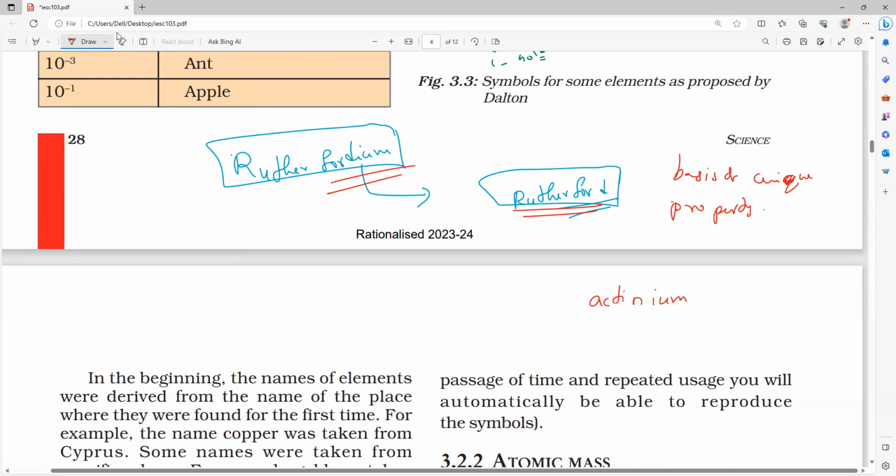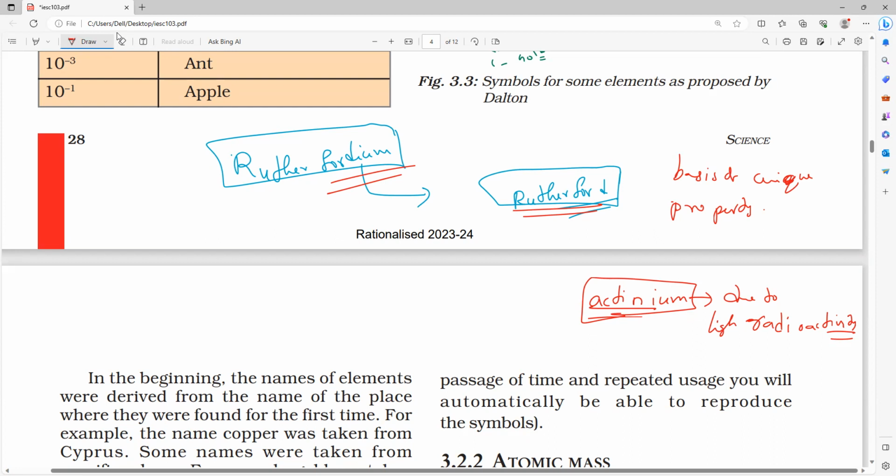Actinium got its name due to its high radioactivity. Radioactivity means it is extremely radioactive in nature. That is why it is called actinium. So these are the three ways we choose symbols for an element.